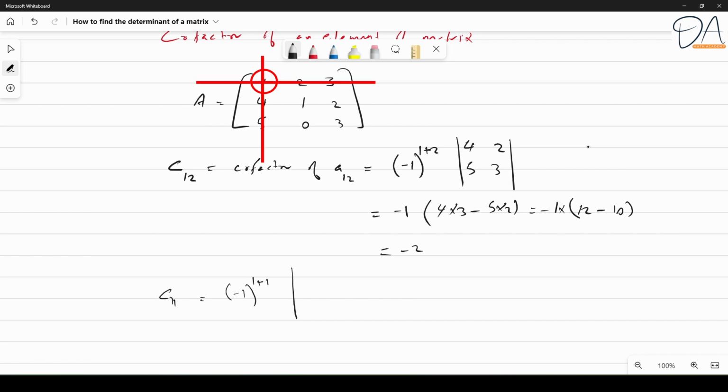If we eliminate these, we are left with 1, 2, 0, and 3. So -1 to the power 2 gives us 1, times this 2 by 2 determinant, 1 times 3 minus 0 times 2. 1 times 3 is 3, and 0 times 2 is 0. So this gives us 3 minus 0, which is 3, and times 1 gives us 3. So this is the cofactor.